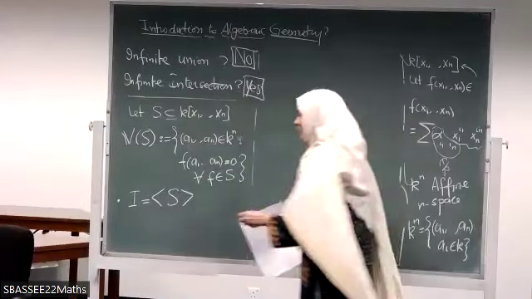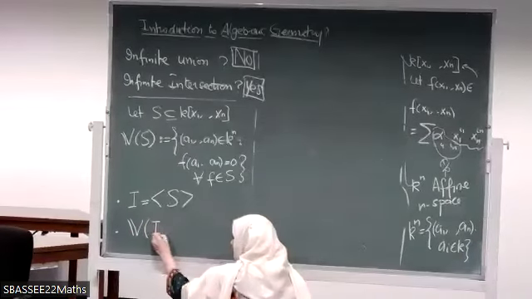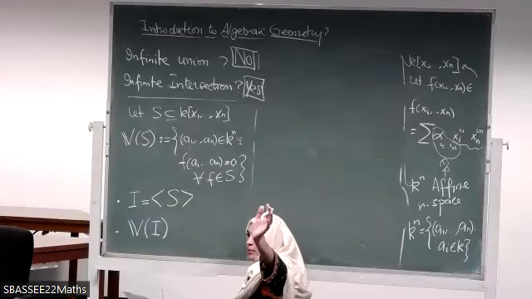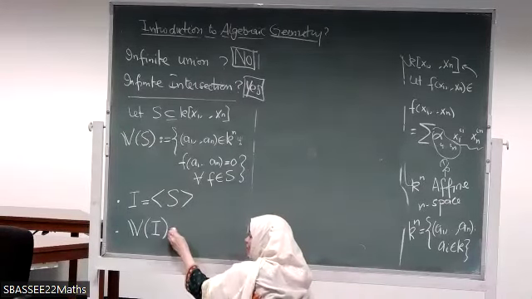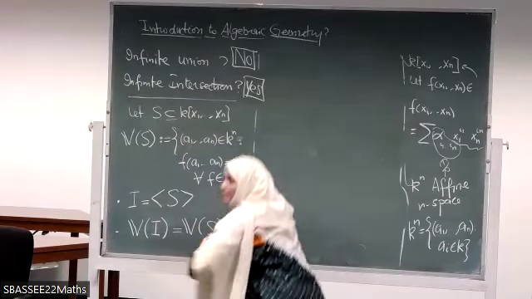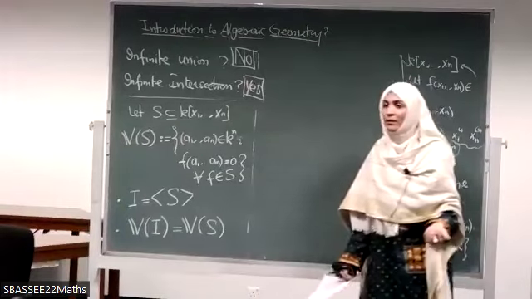And interestingly, you can see that the variety of I, even though I contains a lot more polynomials than S, is the same as this one. Do you agree? This is very trivial.